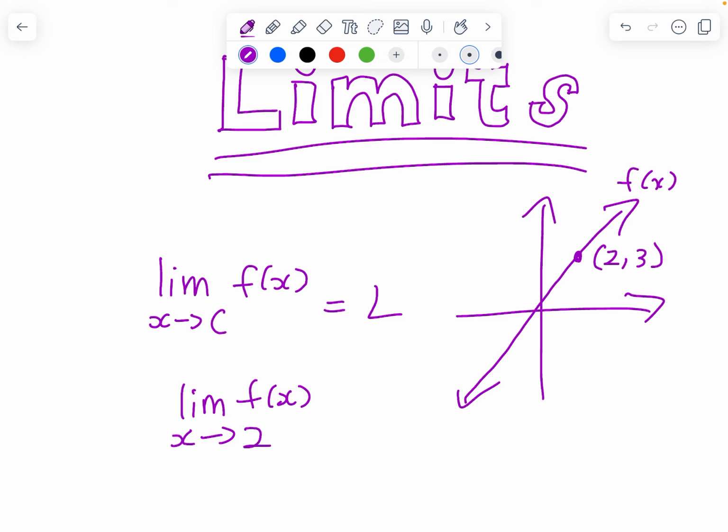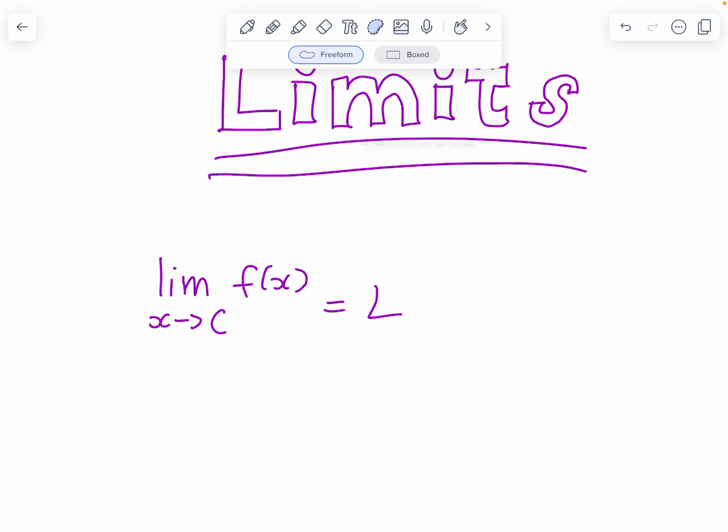As x approaches 2, the y value will be 3. So the graph approaches 3. Although this is a very simple example, it is an essential one to understand because it means when x is approaching something, then L is the y value that the graph gets closer to.